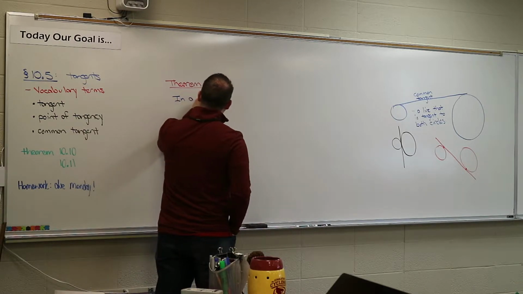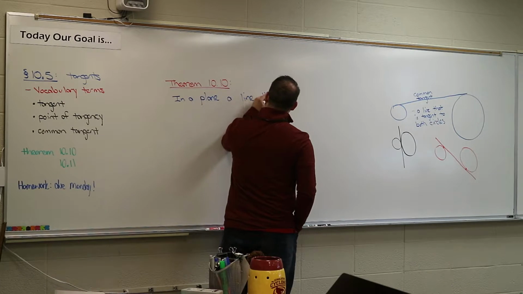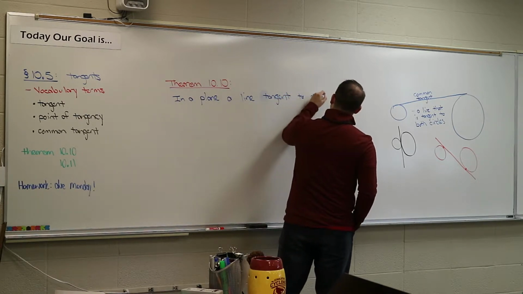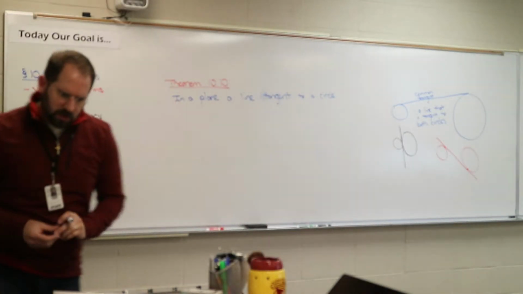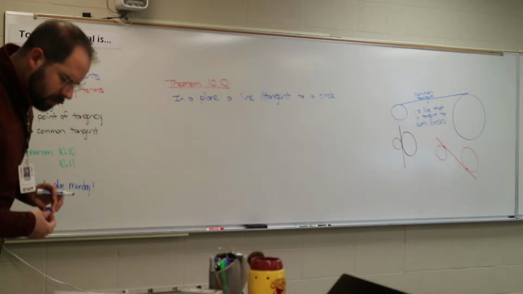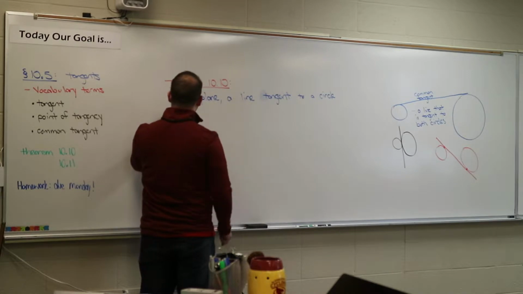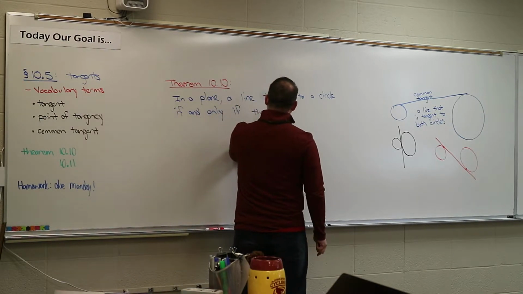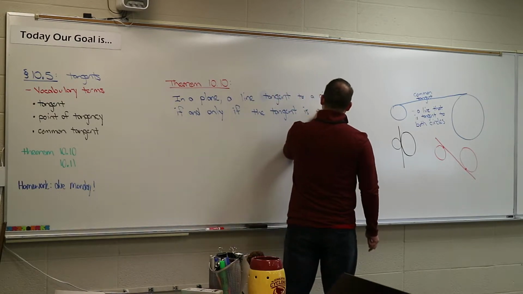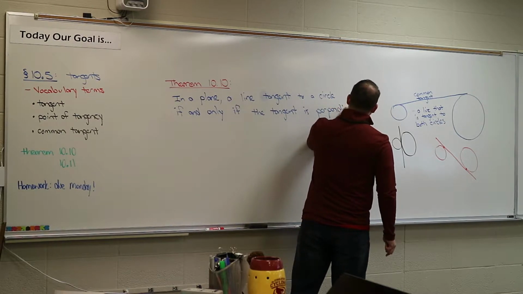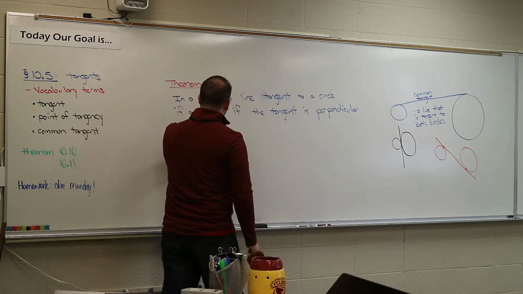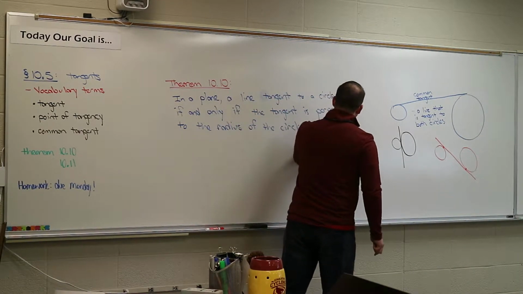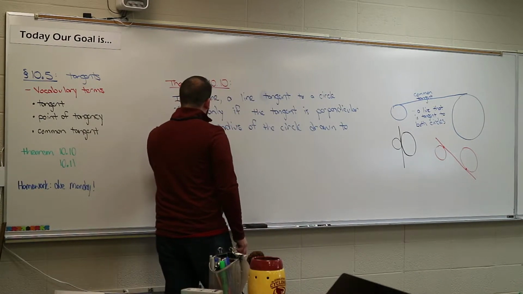In a plane, a line is tangent to a circle if and only if the line is perpendicular to the radius drawn to the point of tangency.